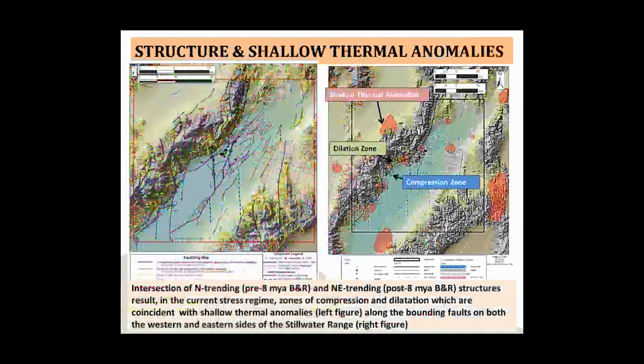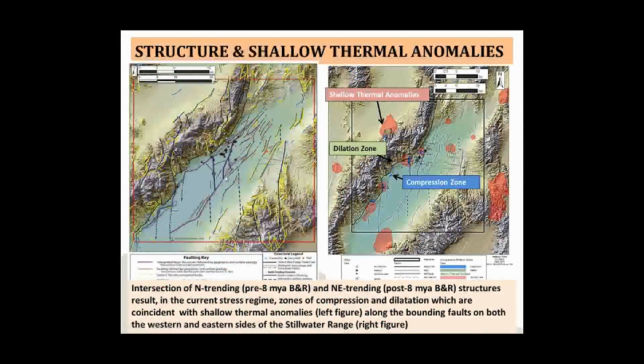So one of the things that we did is take the literature. There was a detailed structural map generated by Smith and Blackwell in 2001, and that's shown here. Their structures are shown in purple. Yellow structures come from the USGS and state databases, and the faults that we identified, the north-south structures, are shown in black.